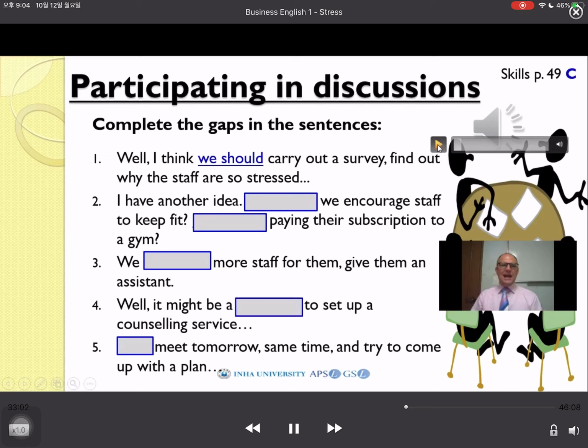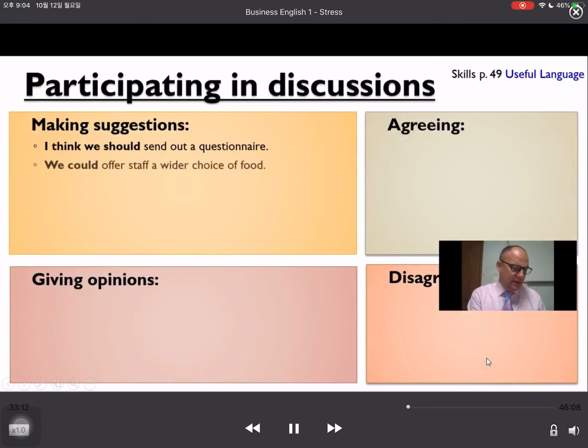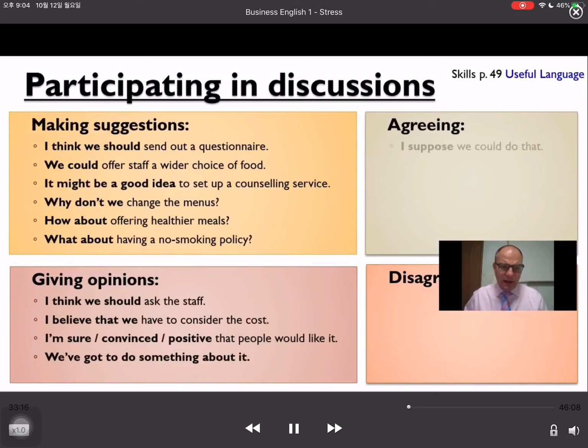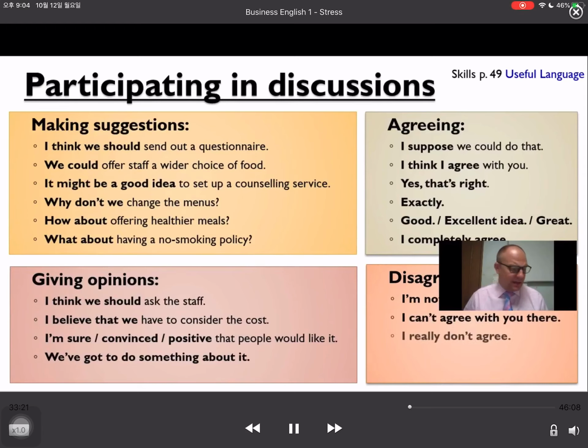Have a listen to that and see if you can complete the gaps in the sentence. You know, there's more extra work you can do, but have a look at the useful language. There's lots of great language there, making suggestions, giving opinions, agreeing, disagreeing.